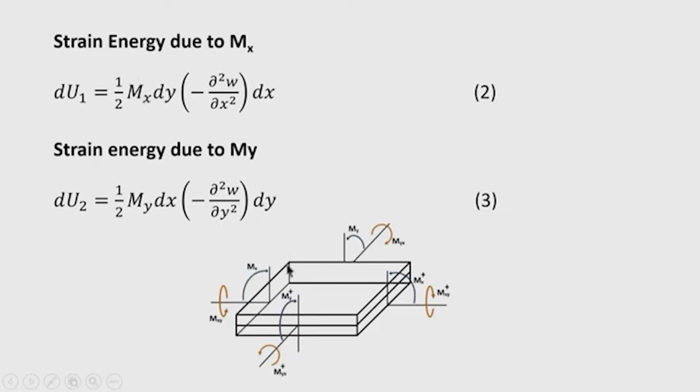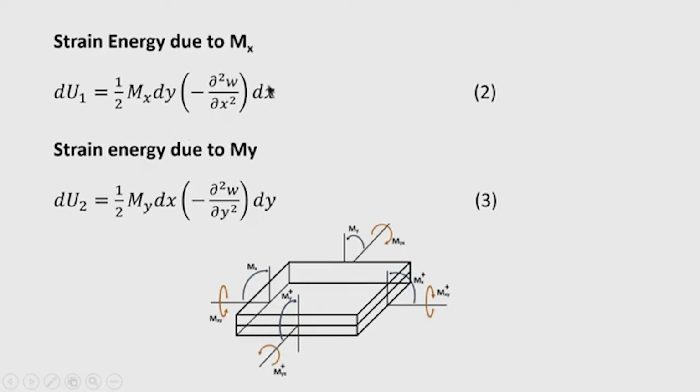Because Mx is acting along the edge whose length is dy. Therefore, Mx dy is the total bending moment along this edge, because Mx, My etcetera are considered to be quantities per unit length. Within this small element we assume that the moment is uniformly distributed. So this Mx dy is the bending moment along this edge, and therefore half of it is multiplied by the change of the slope.